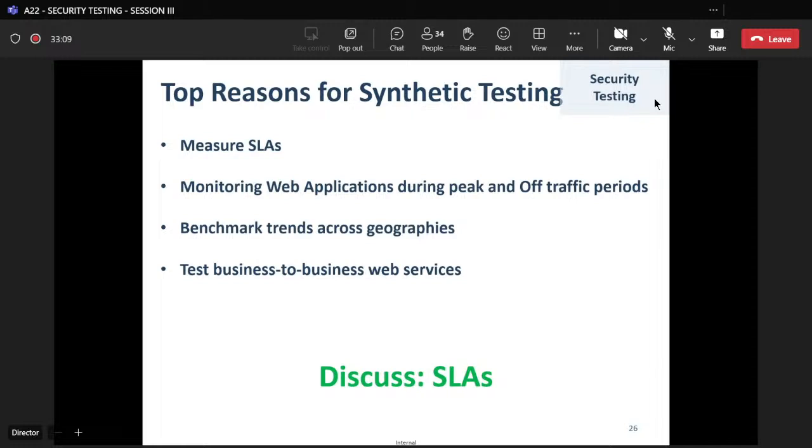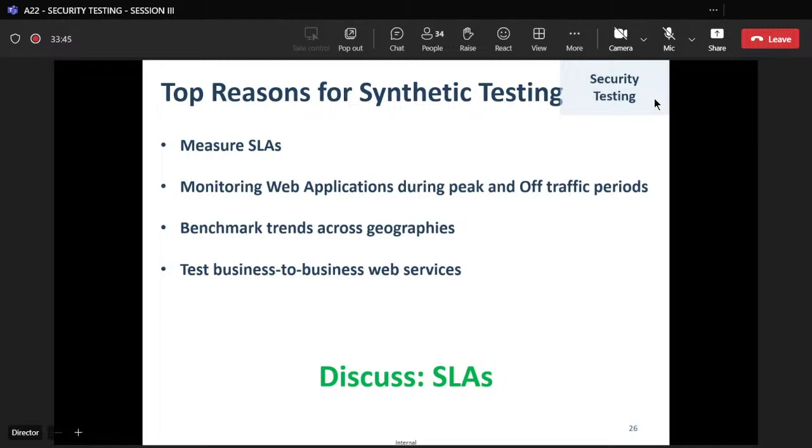There are two types of escalations: one escalation for resolution, one escalation for notification. Because sometimes if the service is interrupted for a longer period, then the stakeholders need to be informed, right? So all this information will be clearly defined and documented in your SLAs. So that is one of the reasons why synthetic testing will help to measure the performance of your service if there is no traffic, if there is high peak traffic, and if there's moderate traffic from remote locations.